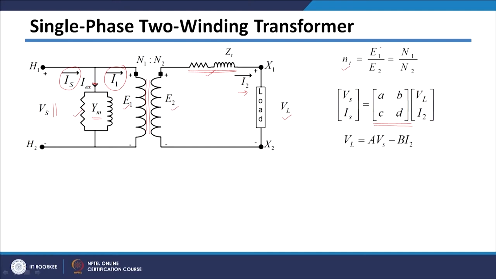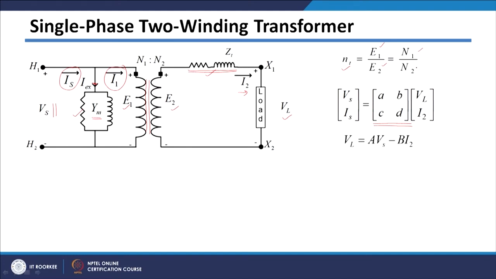Then NT, we know, is E1 by E2, that is the primary voltage by the secondary voltage. Anyway, we can take it either way, but generally I am considering the step down configuration, so it will be the voltage on the primary side divided by the voltage on the secondary side.